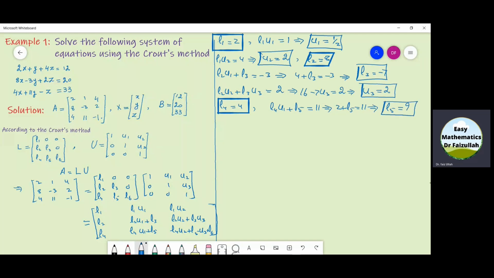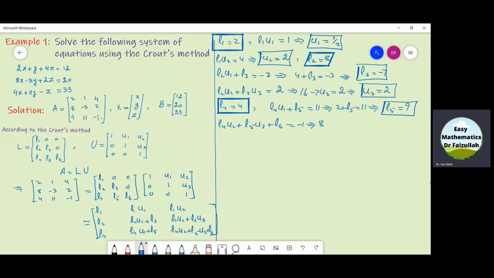The last element is L4 U2 plus L5 U3 plus L6. This one is equal to minus 1. Let us put values. L4 is 4 and U2 is 2. 4 2s are 8.